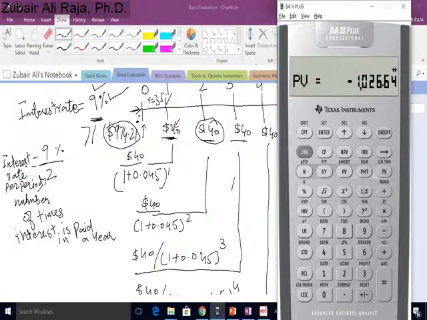$1,026.24. And why is it minus? Minus means it's an investment right now. So this person needs to pay, or invest out of his pocket.